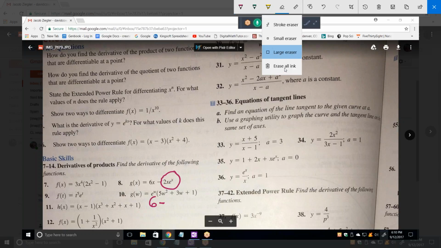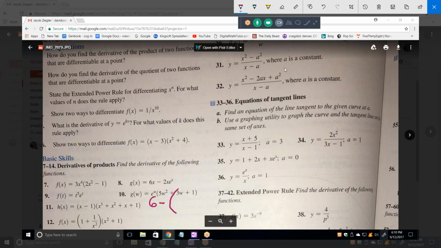Okay? And you got to be a little careful here in that you want to make sure, and parentheses are extremely important in calculus. If you don't get in a method of using parentheses, you're going to miss a lot of signs on stuff. Because I'm subtracting that whole thing, the derivative of that whole thing.